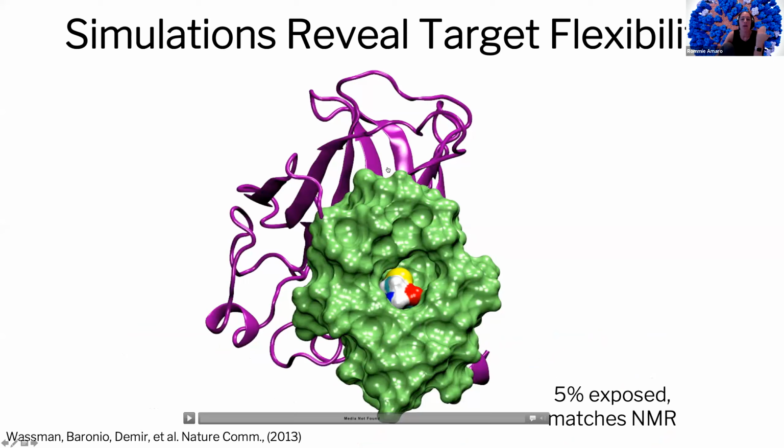But basically, why do we care about doing this? One of the reasons why we do these computational approaches is because the experiments, whether it's crystallography or cryo-electron microscopy or other imaging modalities for structural biology, typically are able to get us a nice high resolution structure.